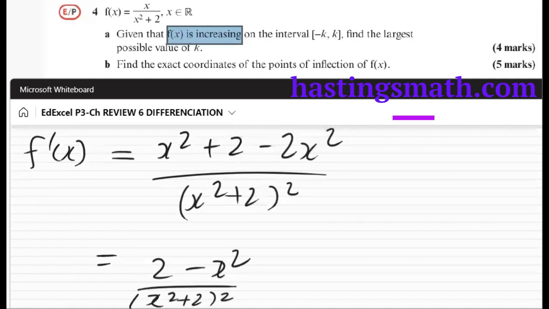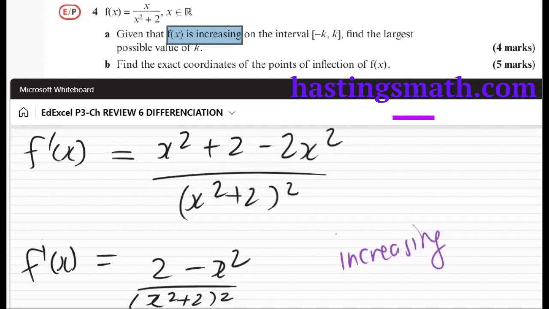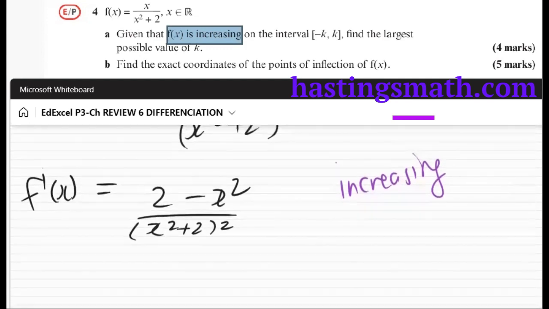Following on the solution bank mark scheme, if we want to find out where the function is increasing, we said that this f dash of x has to be larger than 0.